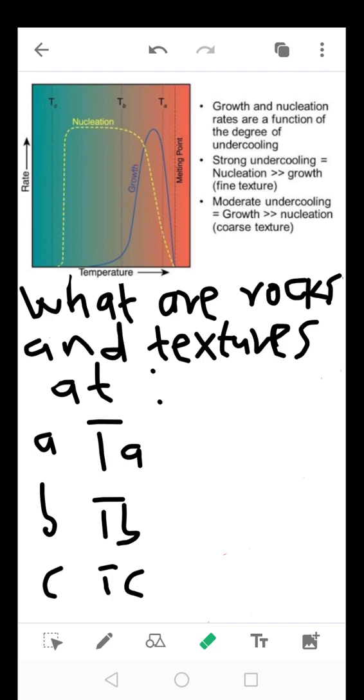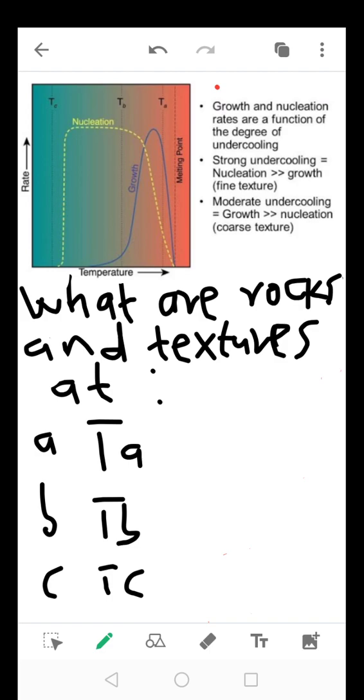So we should have a nucleus, and then after nucleation, we will have growth. Nucleation, like I said, is the initial process of formation of crystals. And so this statement at the top is saying the growth and nucleation rates are a function of the degree of undercooling. We will see shortly what that simply means.